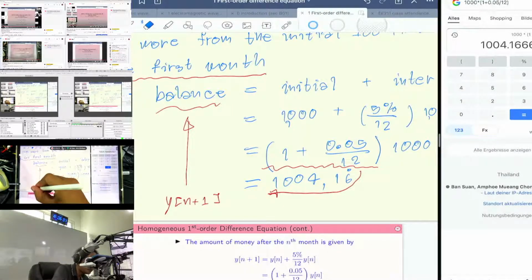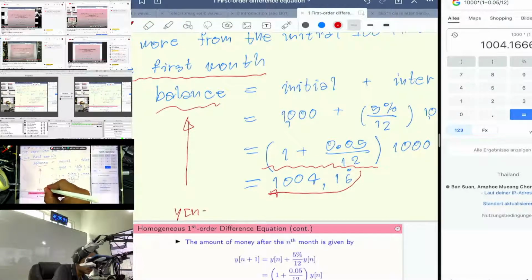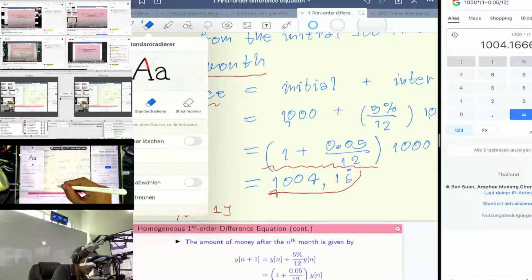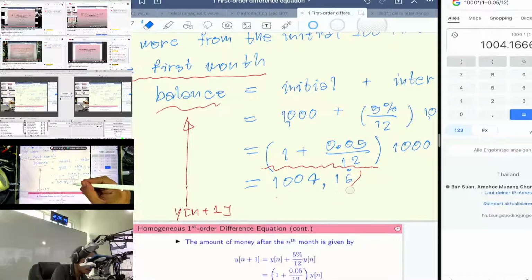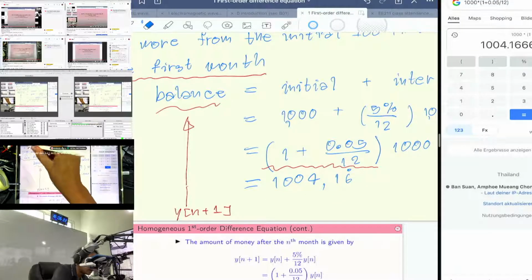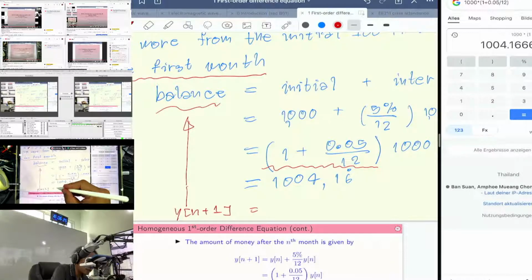And here this constant is alpha, right? This is alpha to us.